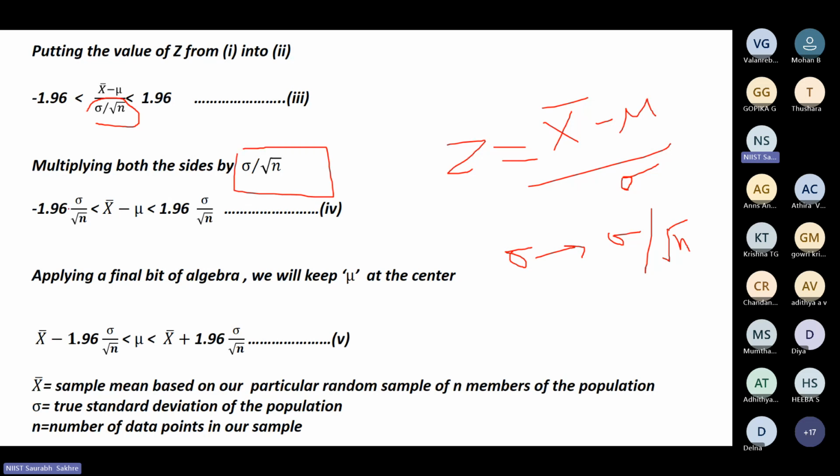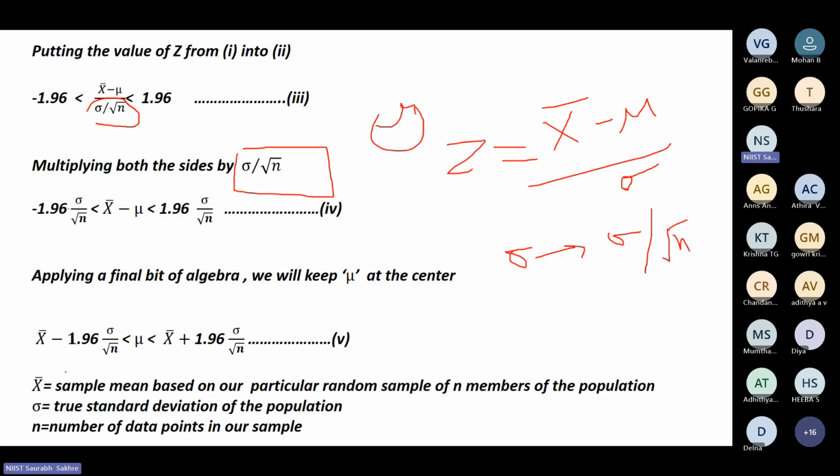So minus 1.96 into sigma by root n, less than... since I have multiplied, the denominator sigma by root n will cancel out, so only the numerator x bar minus mu will remain. So minus 1.96 sigma by root n less than x bar minus mu less than plus 1.96 sigma by root n. Okay, but I want mu only. I want my mean only to be in the center.